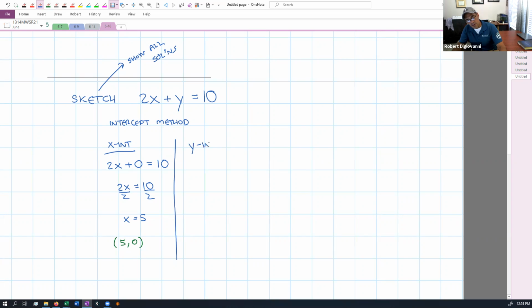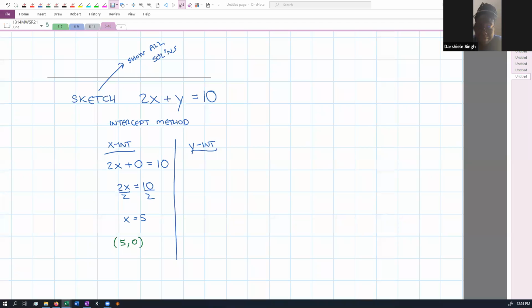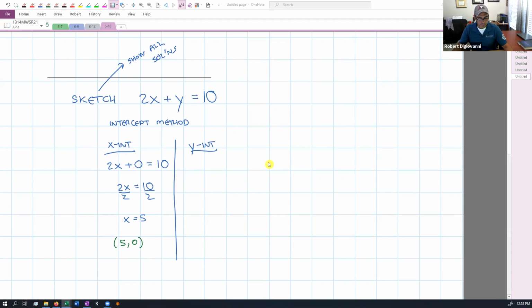We need the y-intercept now. So Darshell, am I saying that right? Yes, sir. You following okay here? A little bit. I'm trying to get it. To find the y-intercept, what do we do? To find the x-intercept, we set y to 0.